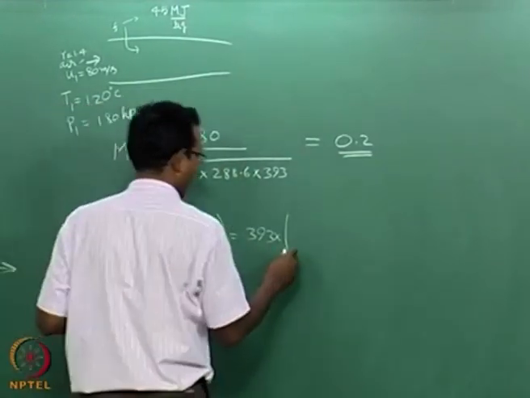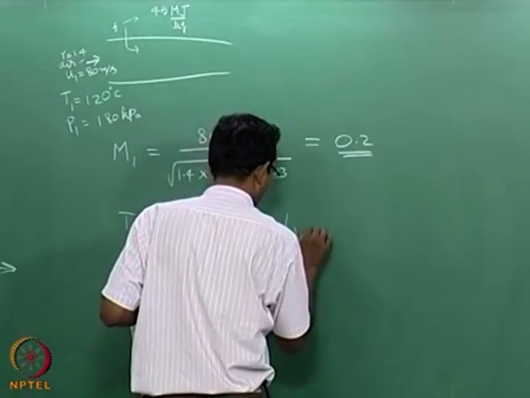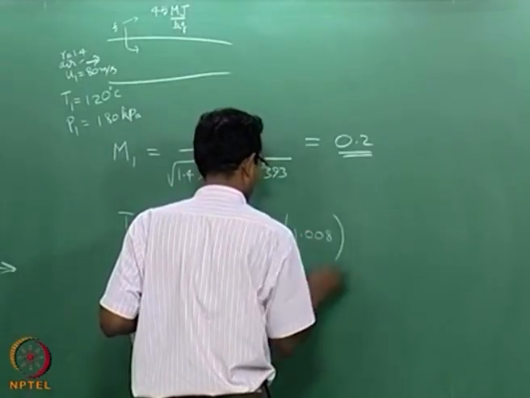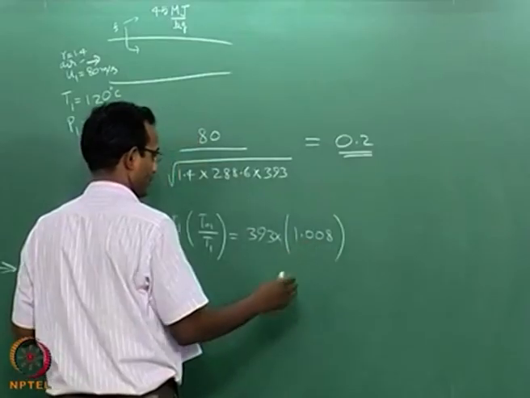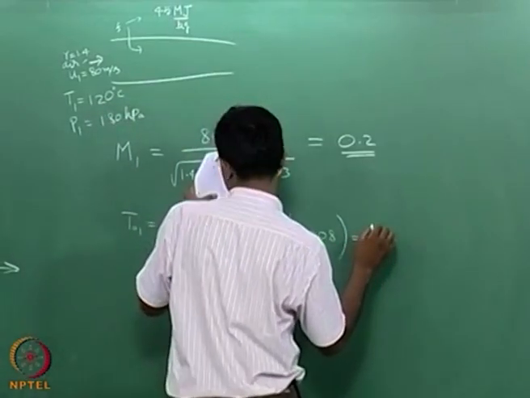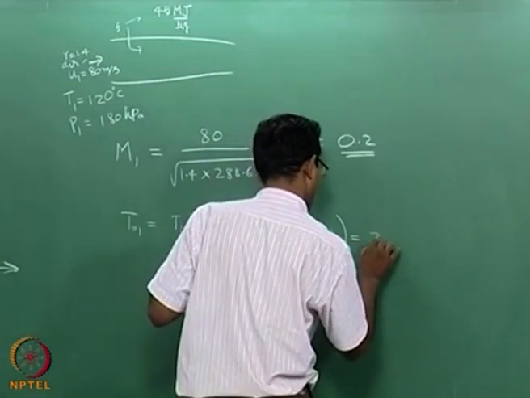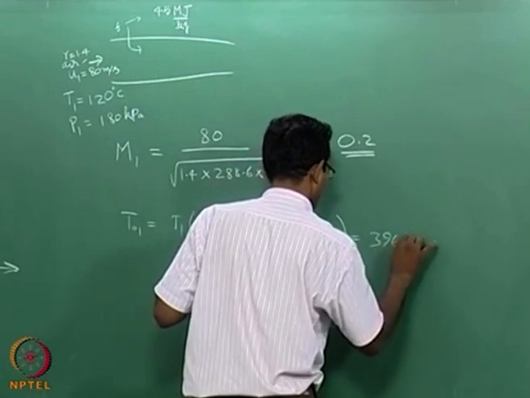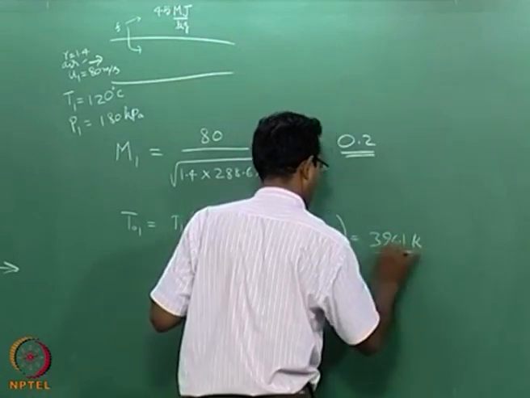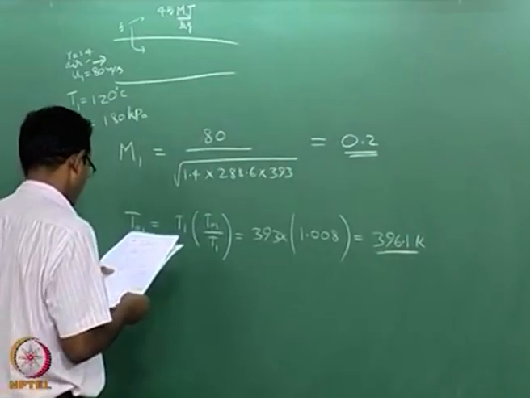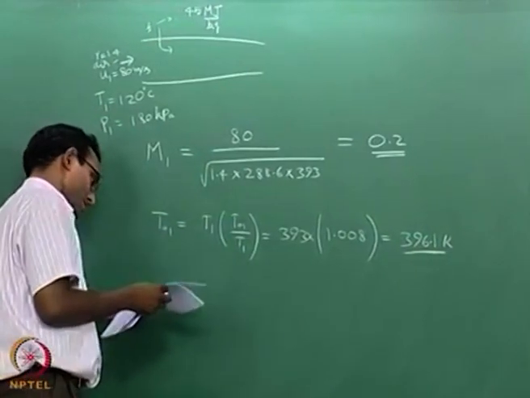What is T naught 1 by T1? That comes out to be 1.008 for gamma equal to 1.4, and this is going to give me an answer of 396.1 Kelvin. That is my T naught 1 value.